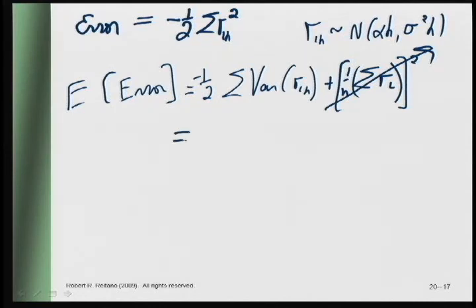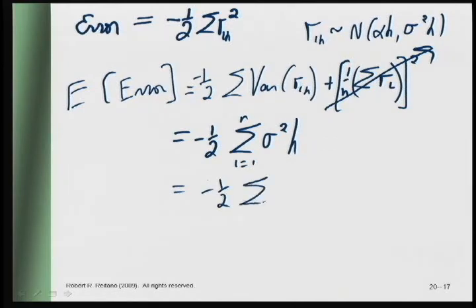And if I now look at this variance term, I have a sum of variances. Each one is a variance of sigma squared h, so I have a summation of sigma squared h, and I have n of them, recall. And that's -1/2 summation of sigma squared nh, nh is t, and you see the adjustment of sigma squared t.